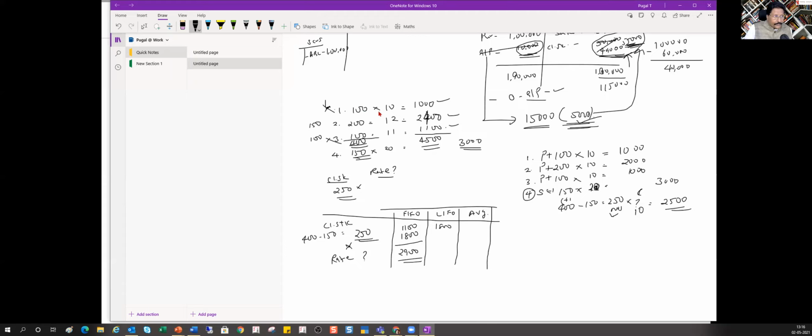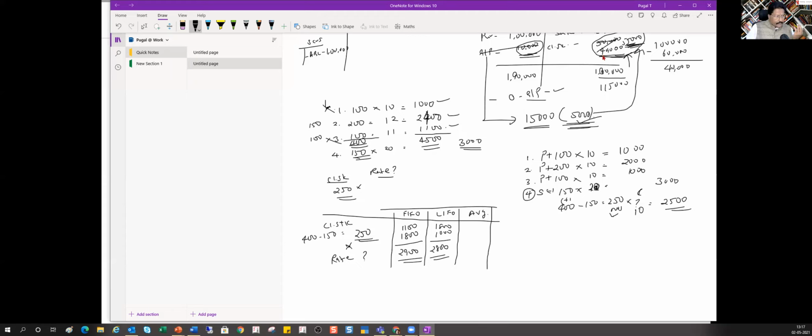And my first purchase is still there, because that entire 100 at the rate of 10 rupees I am still holding in my stock, so 1000. So now my inventory value as per the LIFO method is 2800.